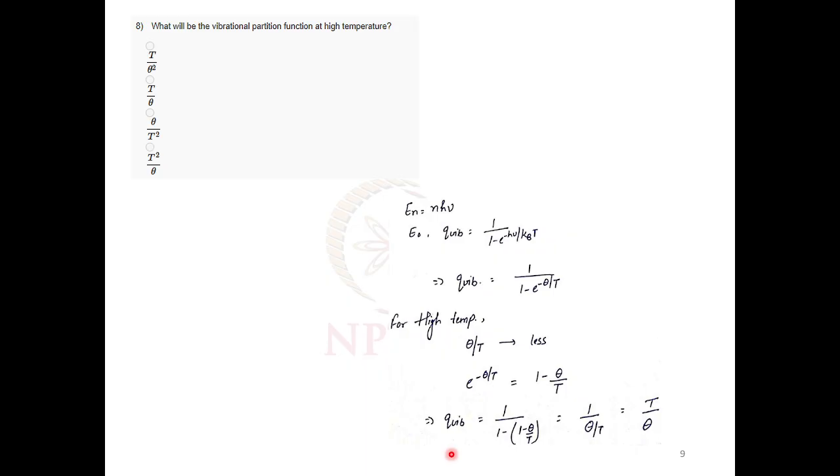So Q vibration equals 1 by 1 minus (1 minus theta by T). This is basically 1 by theta by T, which is T by theta.